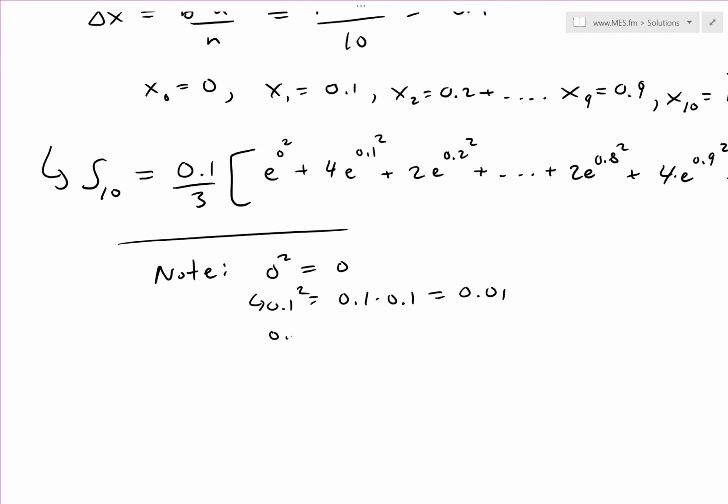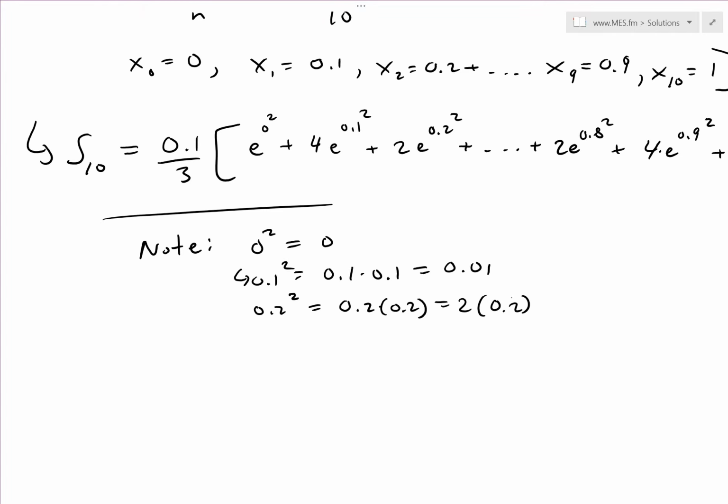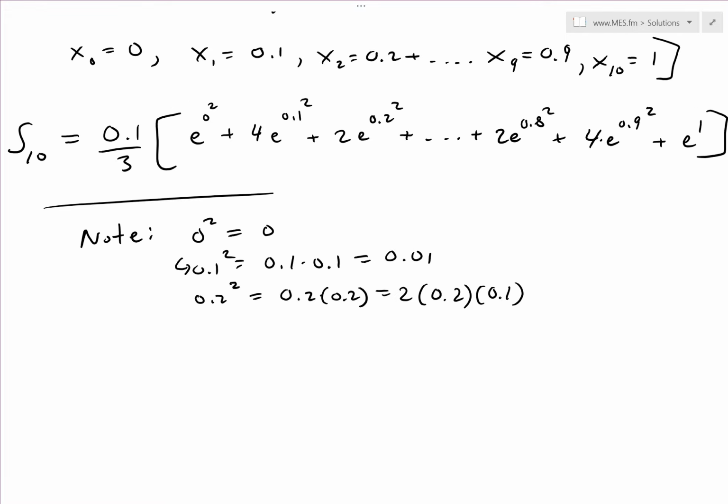Similarly, 0.2 squared equals 0.2 times 0.2, which you could do by taking the 0.1, moving the decimal place over, and just multiplying by 2. This equals 0.04.